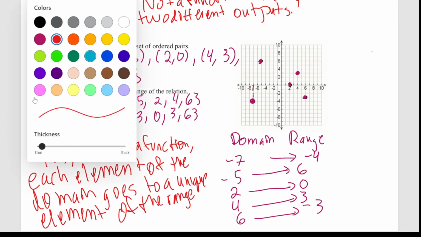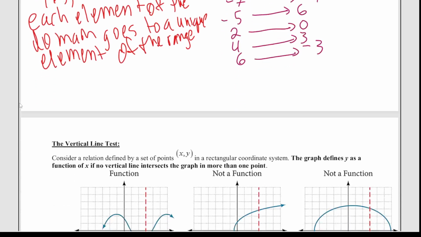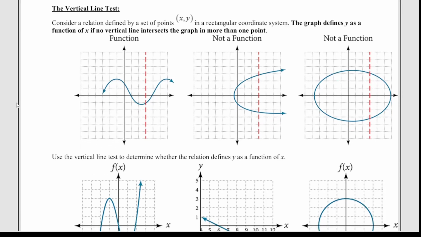Notice a quick way I could have visually checked that is trying to see if any of these x values ended up crossing more than one y value, because that would have been a problem. That takes us into the vertical line test. If you have a non-discrete function, like a nice, continuous curve, you don't want to be individually checking each and every point.